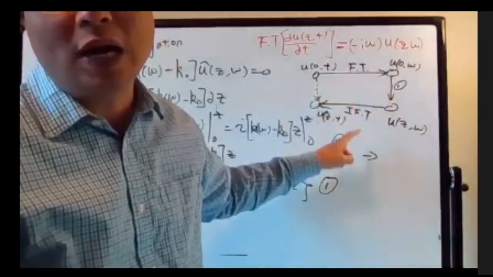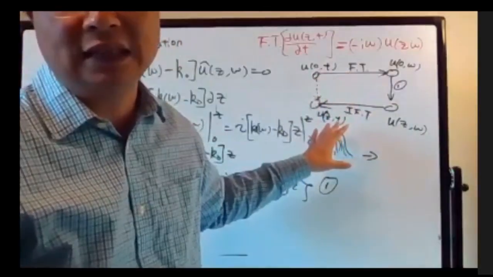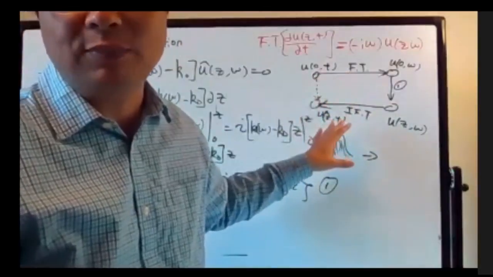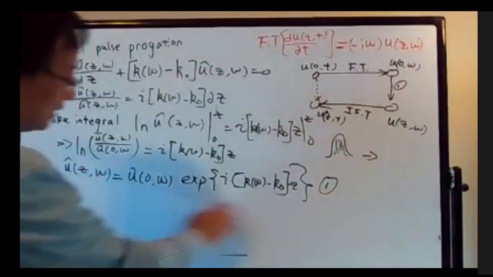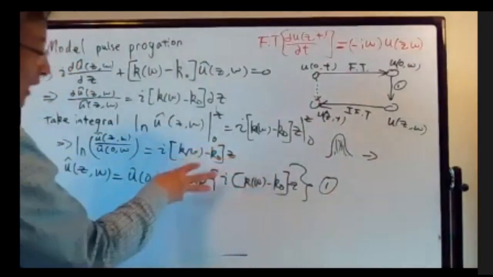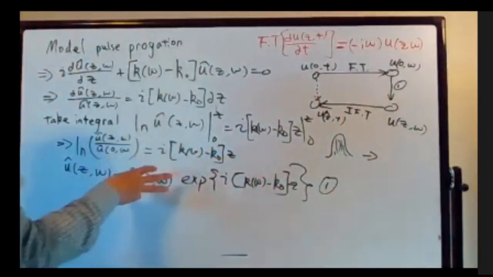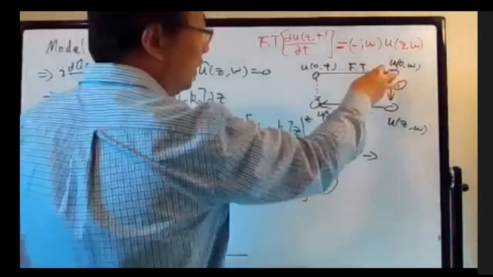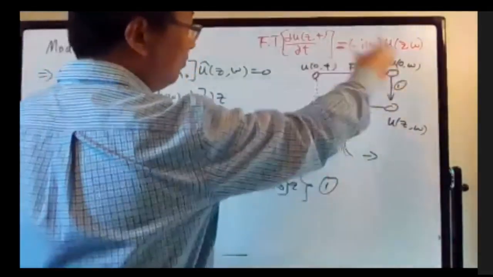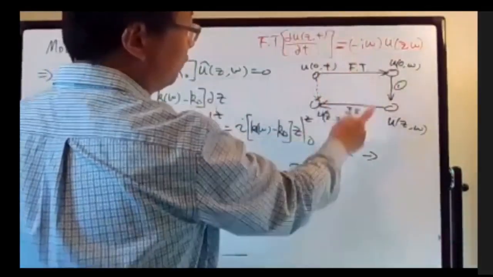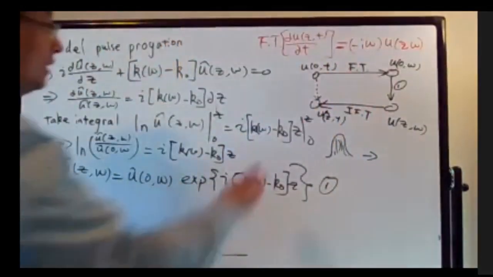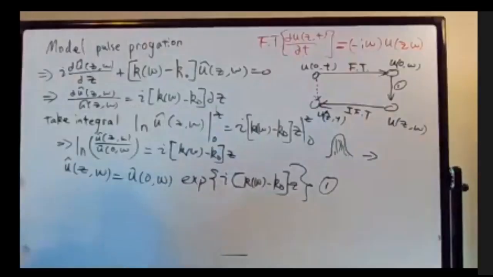It is a rather standard process. So what we need to consider is just including this process into the schematic, taking a Fourier transform and inverse Fourier transform. That's the pulse propagation.